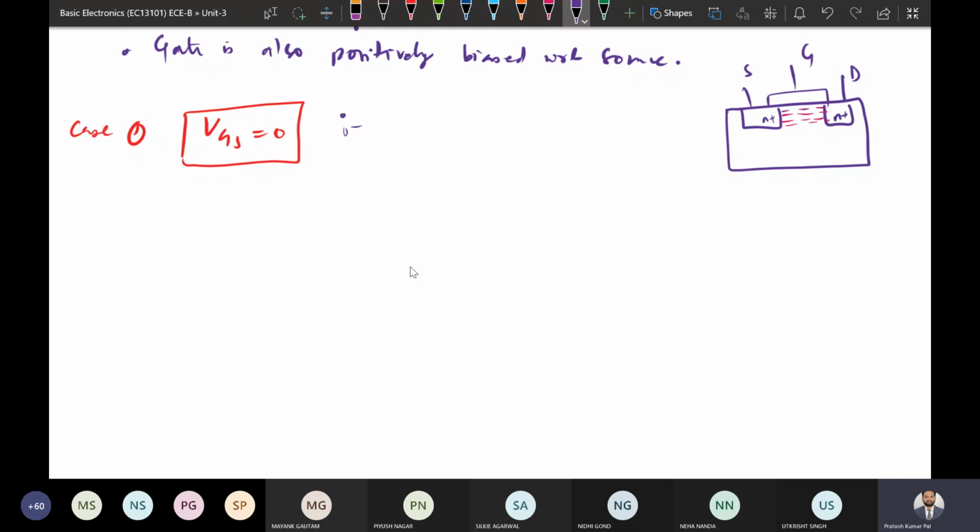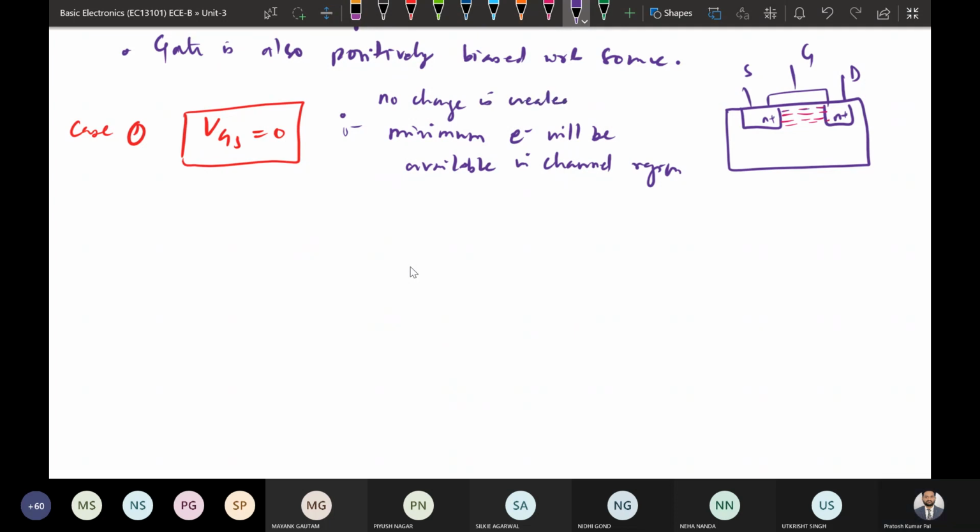So minimum electrons will be available, minimum charge will be available in the channel region. Or before that we can just write: when VGS equals 0, no charge is created.